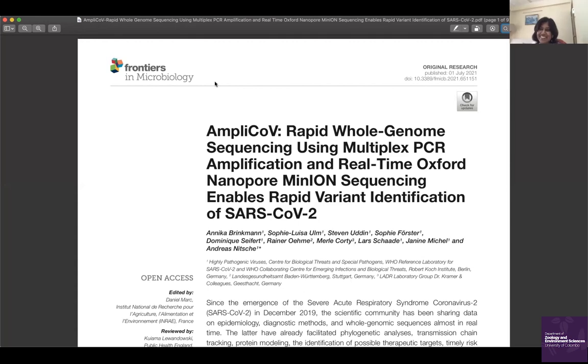Thejanee, in relation to variants, obviously there are so many non-significant variants. So when you find a variant, what do you do?